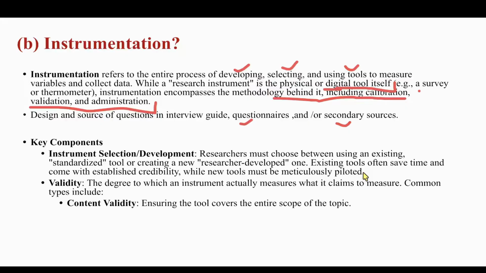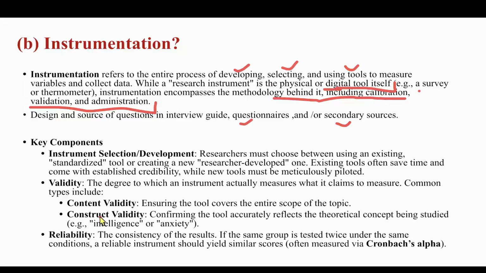So validity, we all know, we have to check the content validity, the construct validity, and reliability. So the validity, we all know, is the degree to which an instrument actually measures what it claims to measure. So first we have to check the content validity, wherein it ensures the tool covers the entire scope of the topic, and construct validity confirms that actually the tool is accurately measuring and reflecting the theoretical concept being studied.